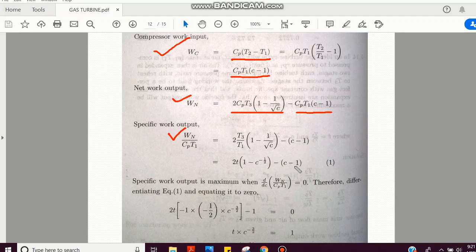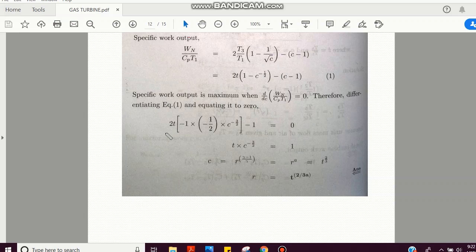Okay, to find the maximum specific work output, we have to differentiate this expression with respect to C. By differentiating, we get 2t into minus 1 into minus half into C to the power minus 3 by 2, minus 1 equals 0.